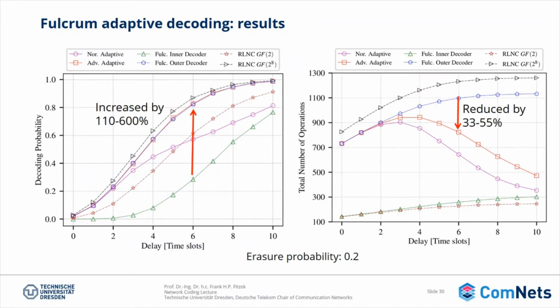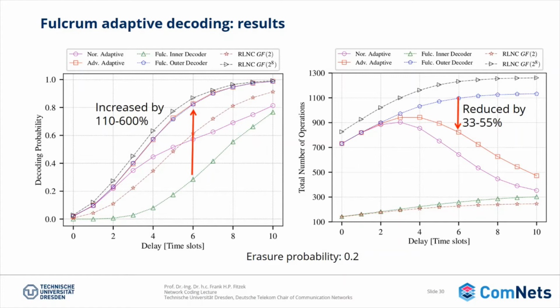Here are the results that we have achieved. Delay here is defined as the number of additional coded packets transmitted from sender to receiver over the lossy channel. The figure on the left shows the decoding probability for different delays over 20% erasure probability, while the figure on the right shows the complexity in terms of the number of operations.